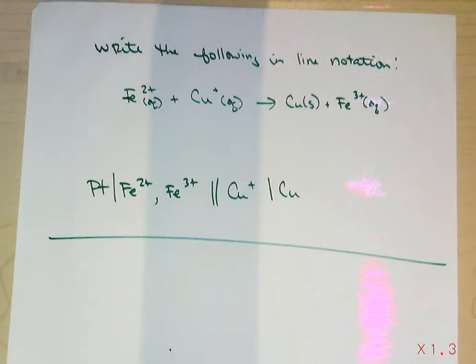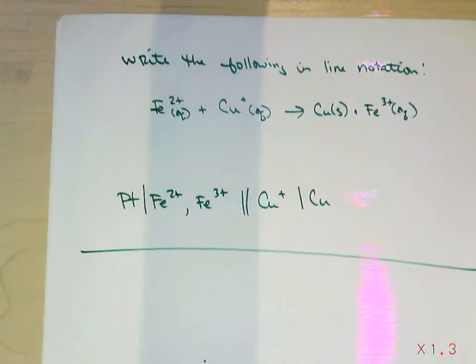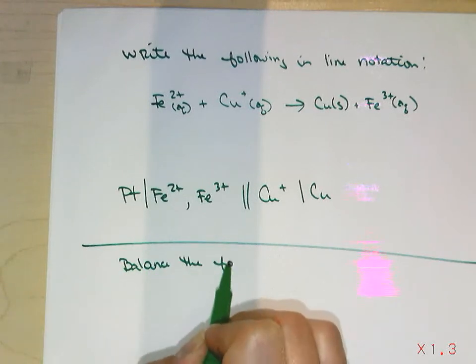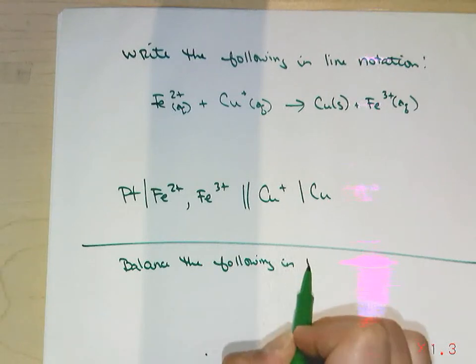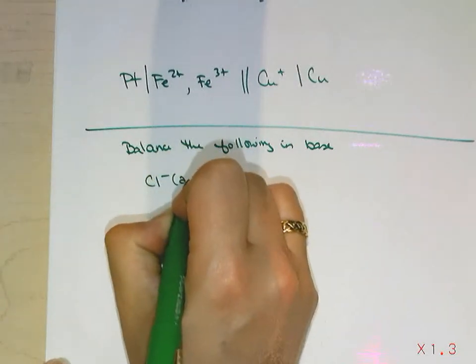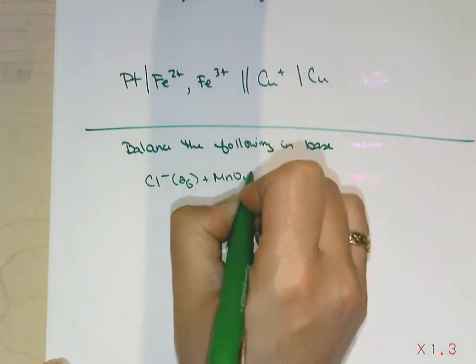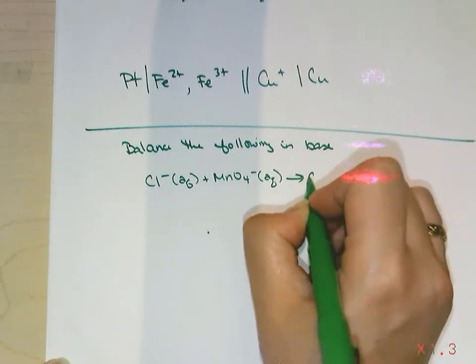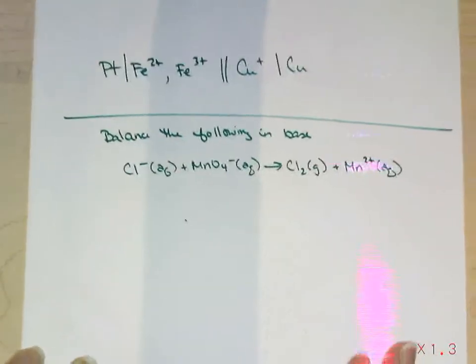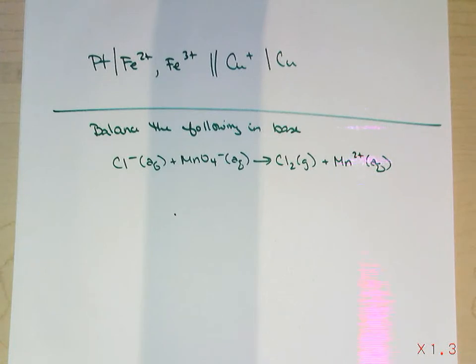Let's say, all right, so I got chlorine and permanganate making chlorine gas and manganese ions.